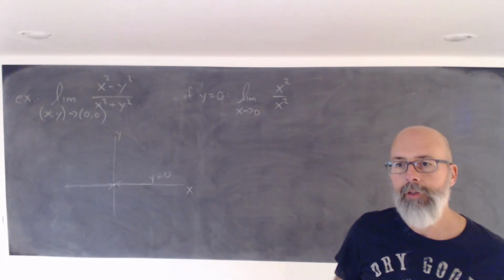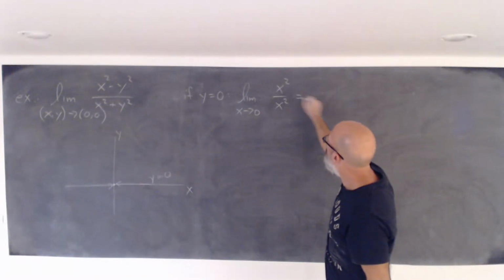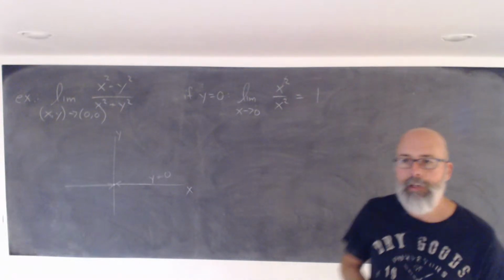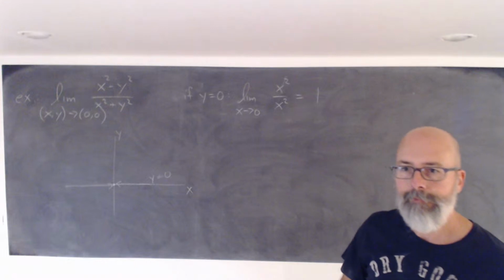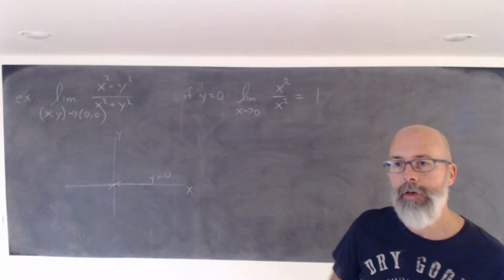And what is that limit? This cancels out, and that limit is just 1. So if the limit exists, it has to be 1.